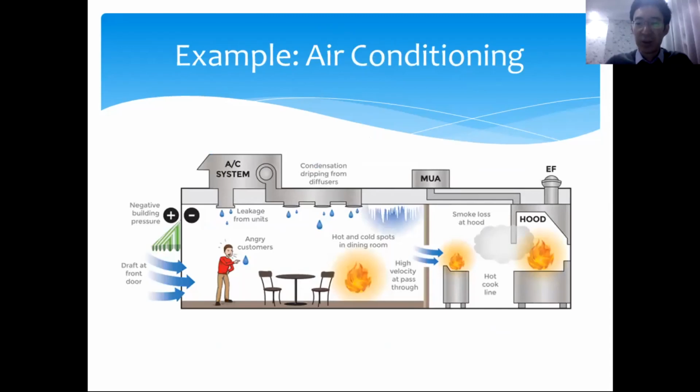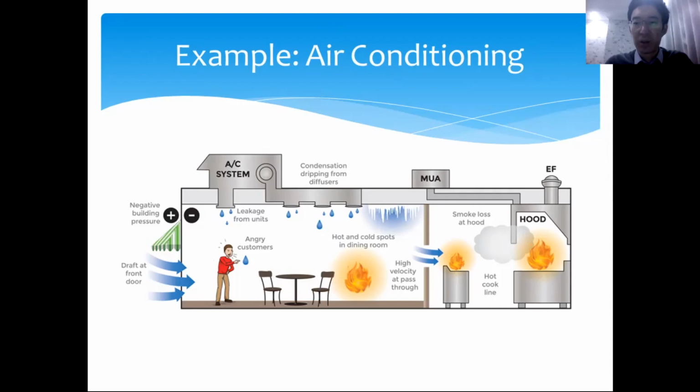When it comes to air conditioning, we should bear in mind that we have several problems due to them. Of course, they're going to depend on condensation, which will produce some water leaks or drops of water that may fall from the top, from the roof.